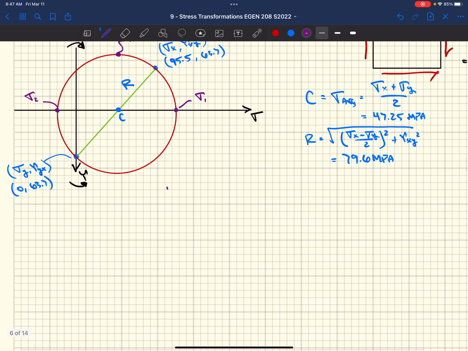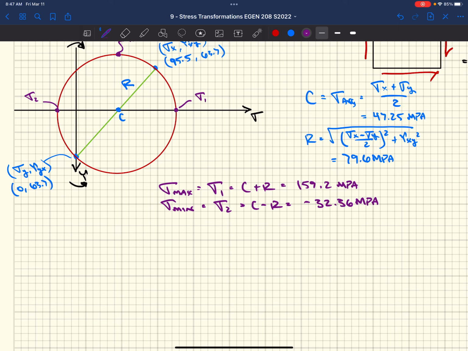So sigma max, which is sigma 1, is the center plus the radius. That's 159.2 megapascals. Sigma min, which is sigma 2, is the center minus the radius. Look at that, we've got ourselves some compression going on. All right, things are getting exciting. So we have sigma max, sigma 1, and sigma min, sigma 2.